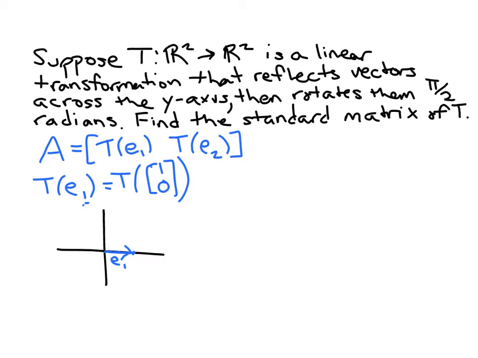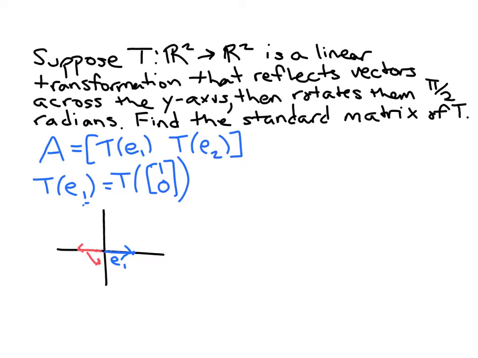If you reflect it across the y-axis, that would reflect back to here. And then from here, rotate counterclockwise. So rotate pi over 2 radians in the positive direction, which is counterclockwise this way.